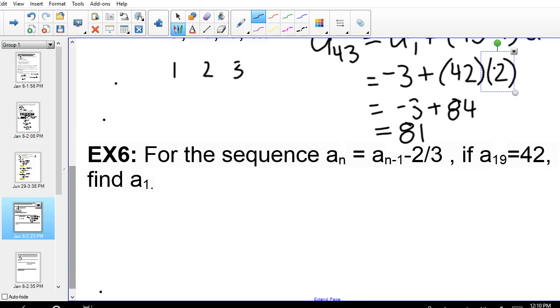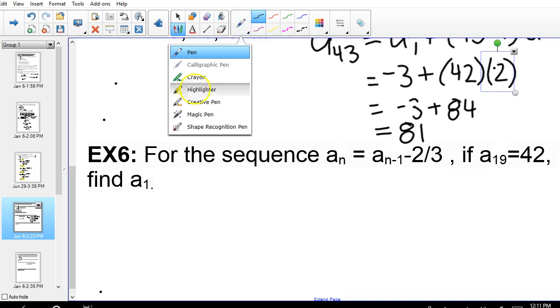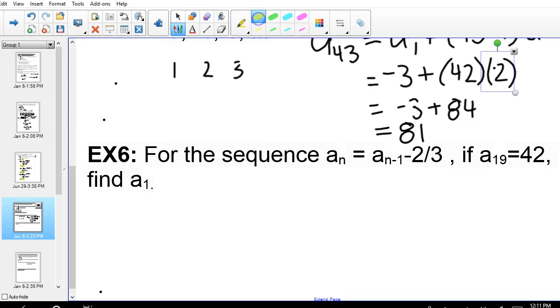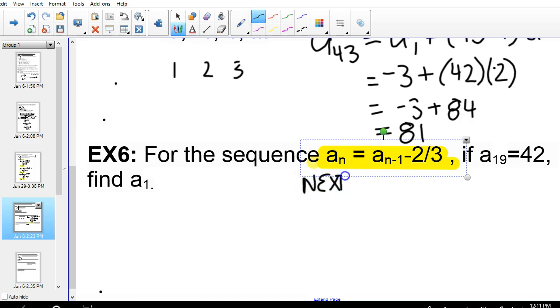So the first thing I need to know is, for this sequence, what is the common difference? Whenever we're looking for that, we look right here at the recursive formula they give us. That formula is like saying the next number equals what you have now minus 2/3.